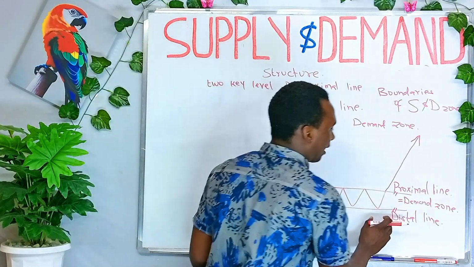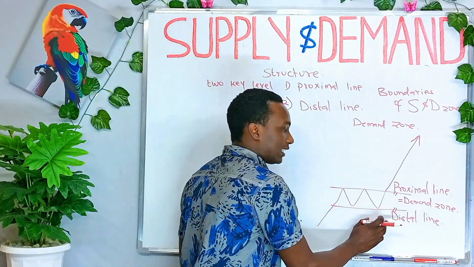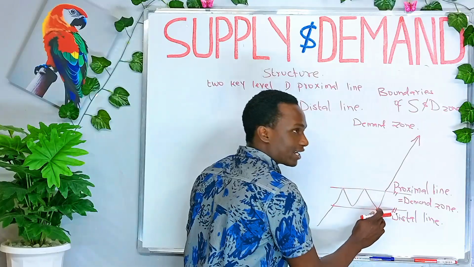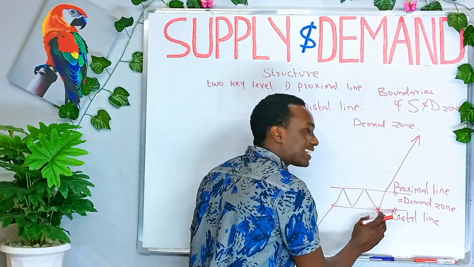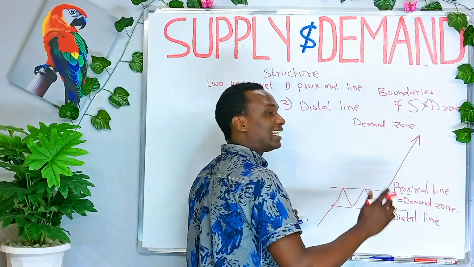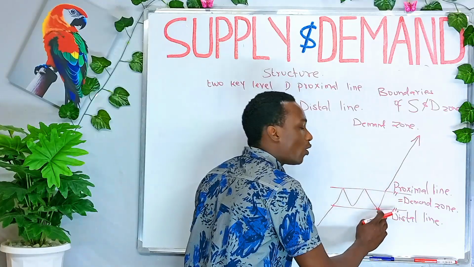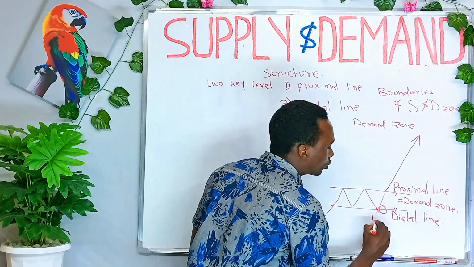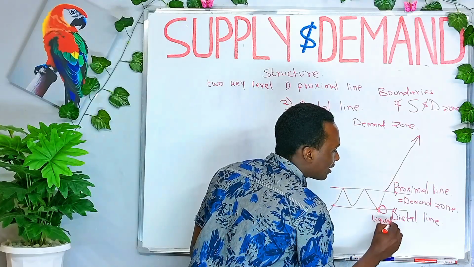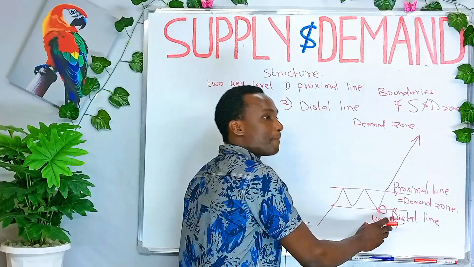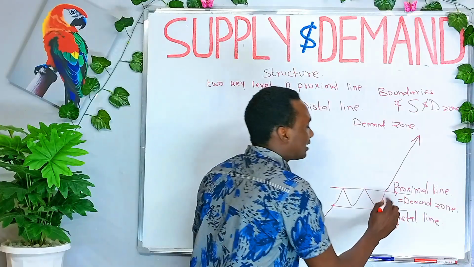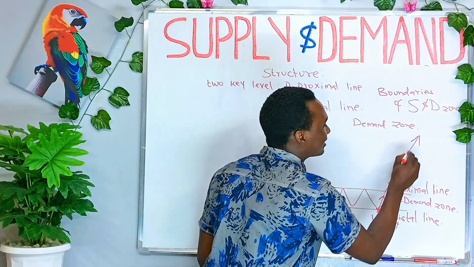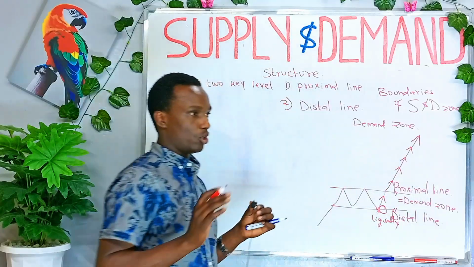When we come to look at the distal line, you will see that it will form at the lowest wick of the basing candles, so that it marks the farthest point where buyers absorbed the selling pressure, the liquidity, before the price launched upwards, making higher highs and higher lows.